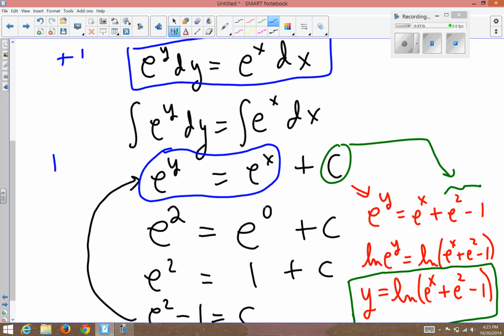Remembering to write plus C, 1 point. The problem is if you forget to write plus C, there's no way you can get any of the rest of the points. So you can get 1 point, 1 point, forget to write plus C, that's all you get, 2 total. You could write a lot of other stuff, it's going to be worth nothing. So then we correctly find whatever C is, find it correctly, that's a point. And then final answer point.